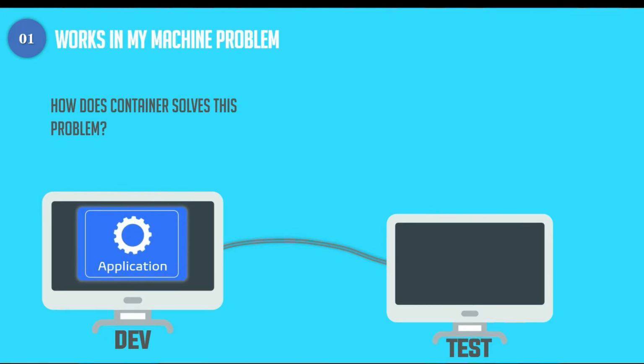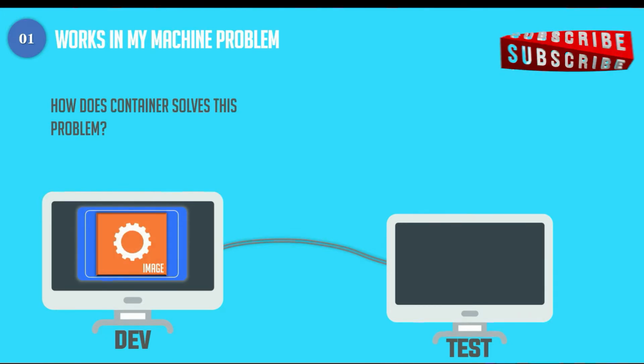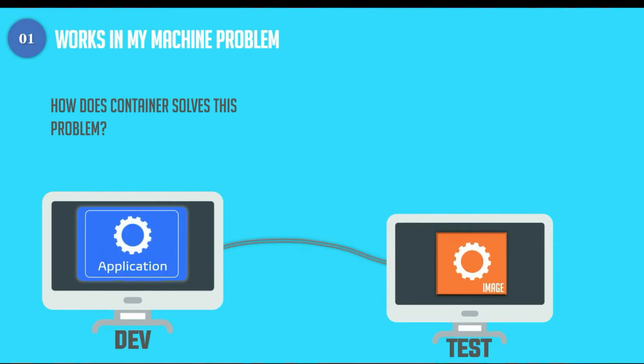Now, how can you solve this using container? Remember Docker image? You will create an image. Now, as you know, images are the application bundled with all its dependencies. So this image will contain all its dependencies, including operating system. Now, instead of deploying the source code in the test machine, you will basically send this image to the test machine. Now, the big question is, how does the test machine run the application which is inside an image?